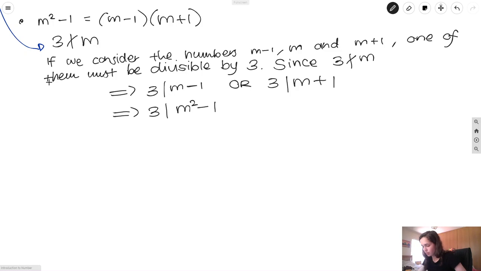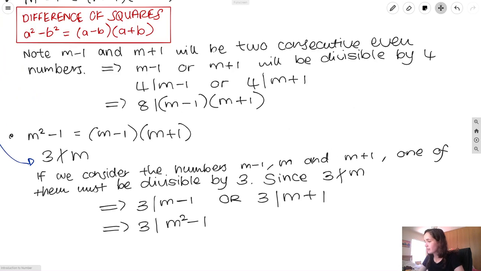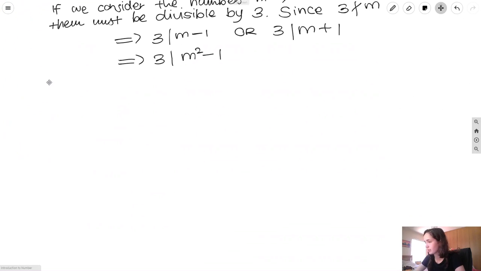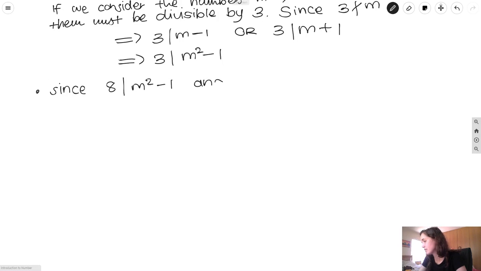Okay, what we then do is, now that we've established that 8 divides m squared minus 1, and 3 divides m squared minus 1, this must imply that 24 will divide m squared minus 1 as well.